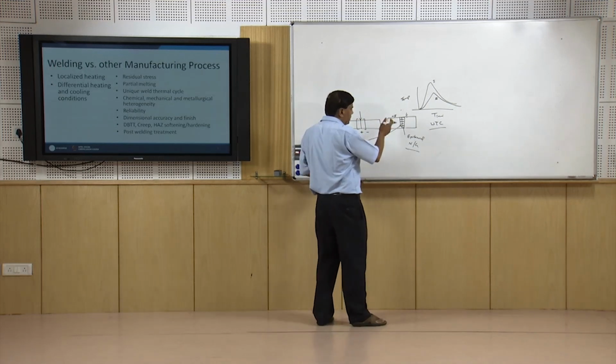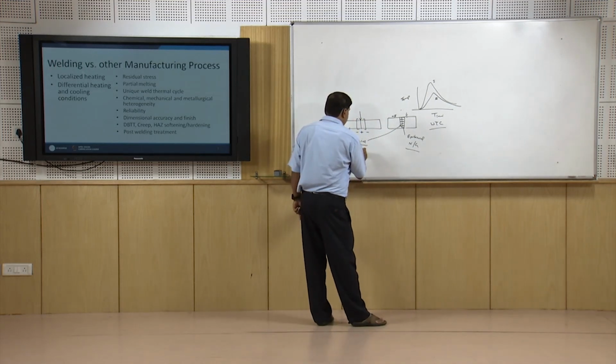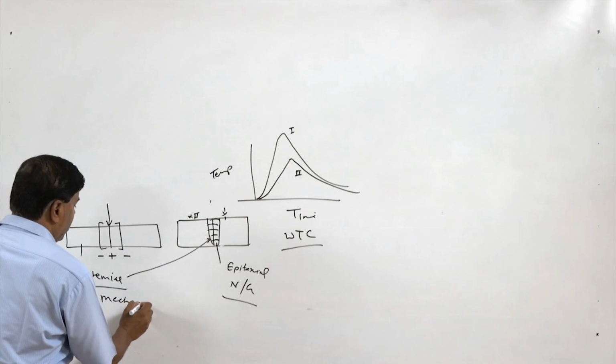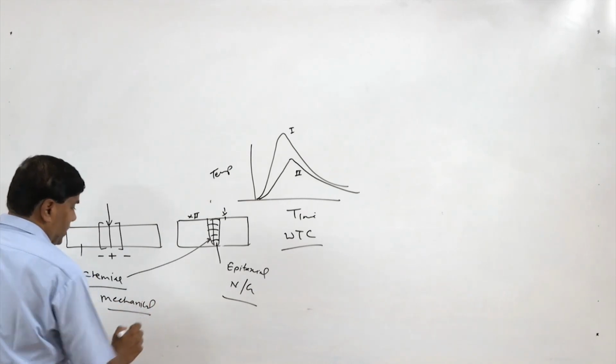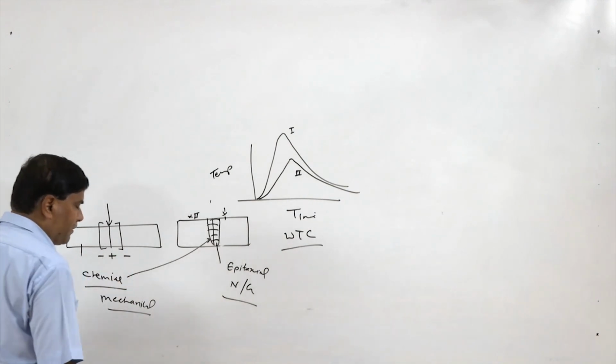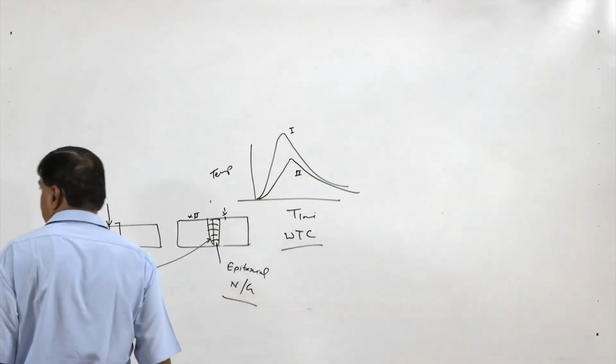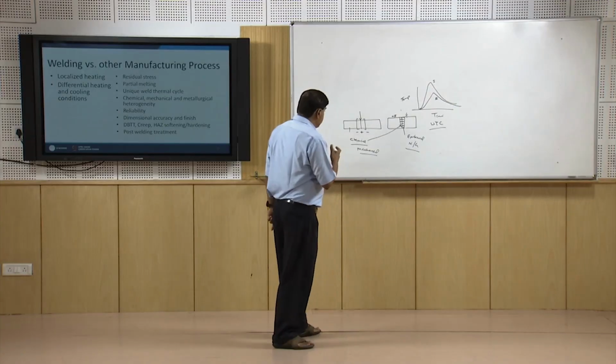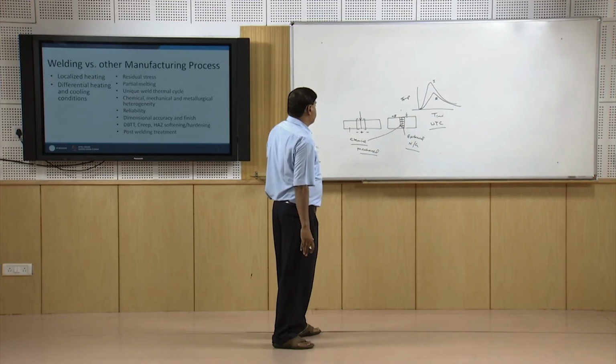So, the chemical composition of the weld is different and structurally they are different. It has a typical cast structure like a fine dendritic structure, so the mechanical properties are different and metallurgically the weld joint is different. So, heterogeneity exists in the weld joint in terms of chemical, mechanical and metallurgical properties.